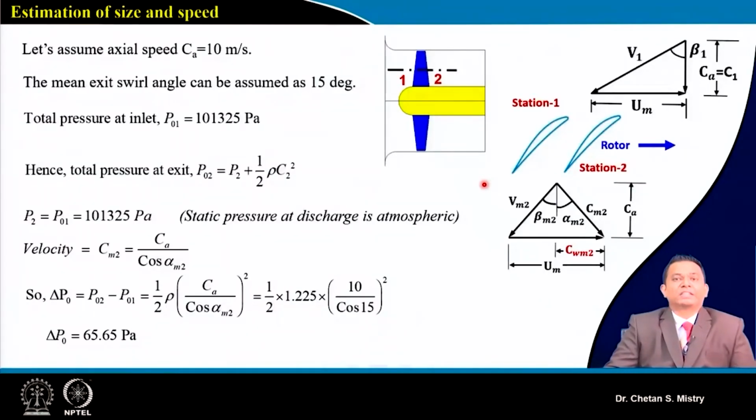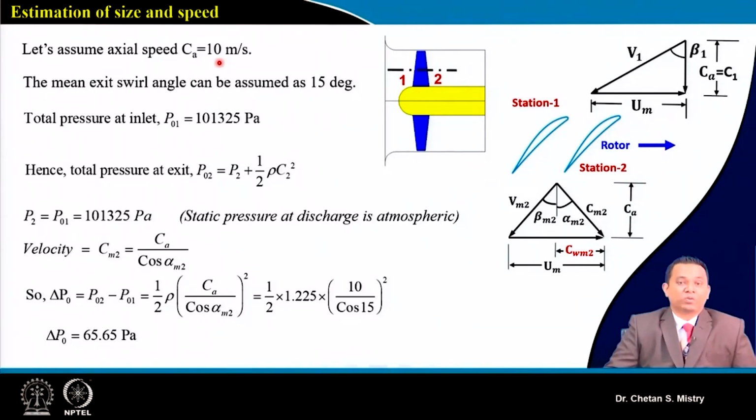Now here, nothing is mentioned about velocities. So we will assume a certain axial velocity. Let's say we assume the axial velocity to be 10 meter per second.